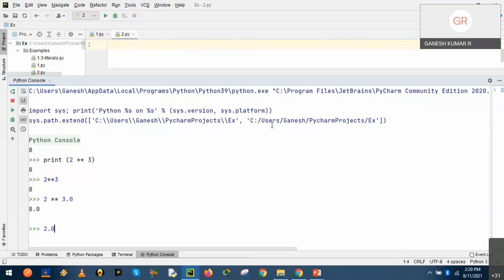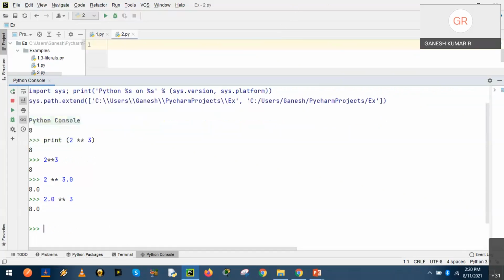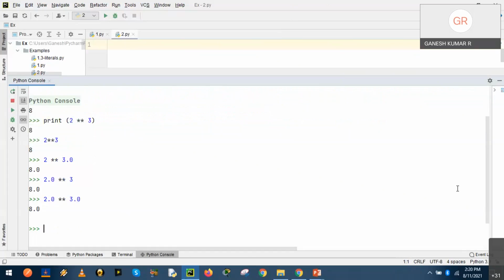Let me have another example: 2.0 double asterisk 3. Will the result be the same? Yes, again 8.0. Then 2.0 double asterisk 3.0, again 8.0.